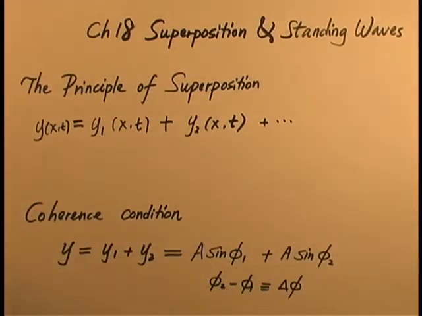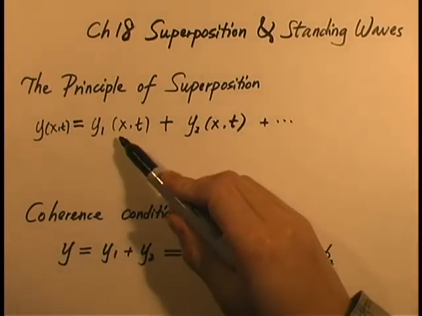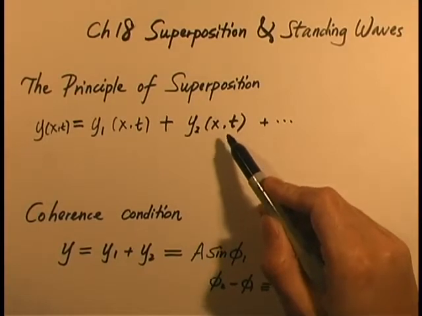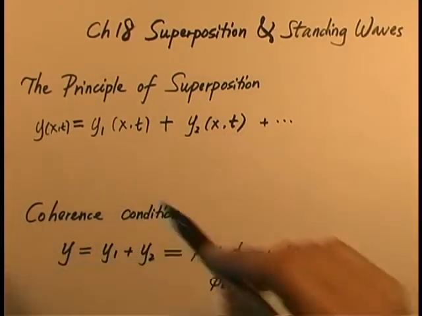Now it might appear to be something that we can take for granted, but we don't actually do that, because remember, y1 is the disturbance when y2 is not present, and y2 is the disturbance when source 1 is not present.